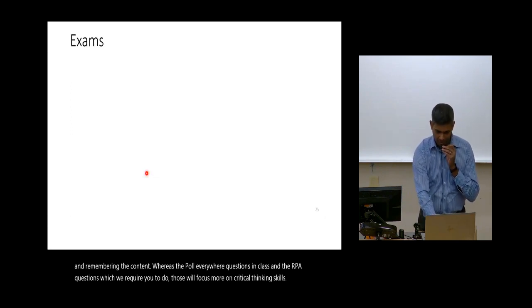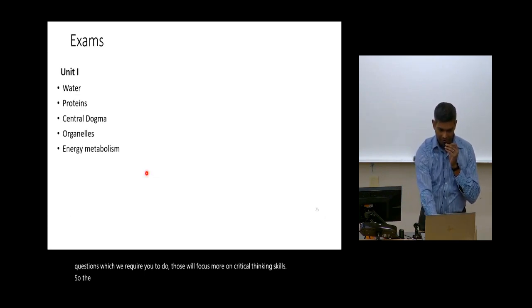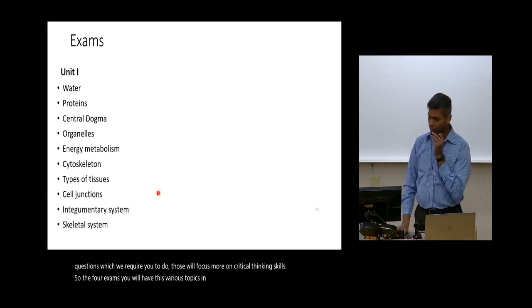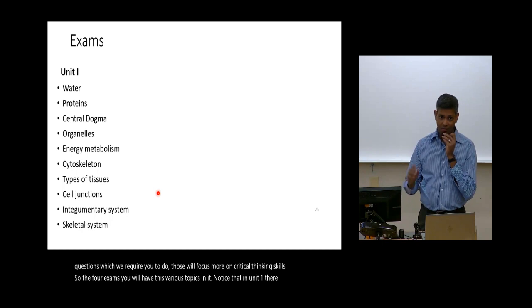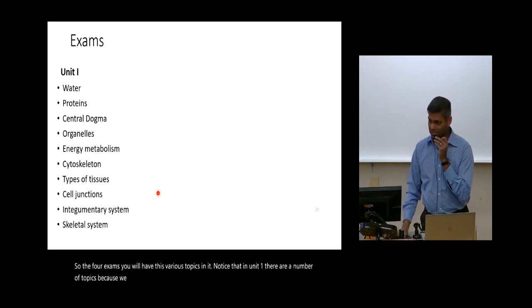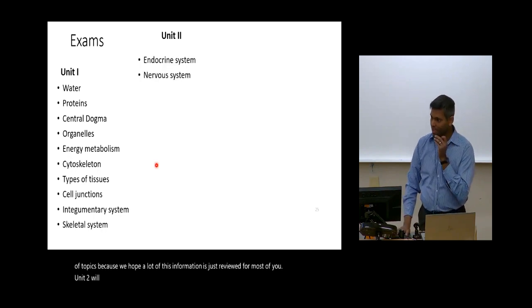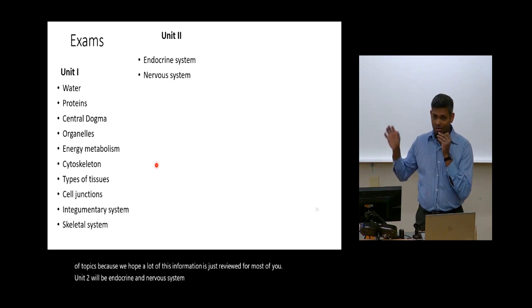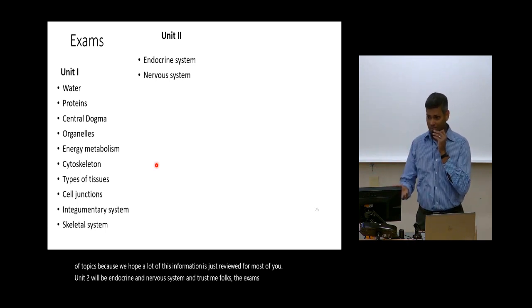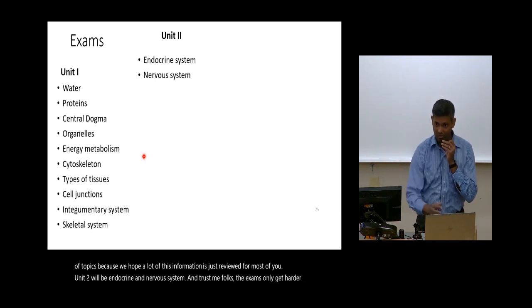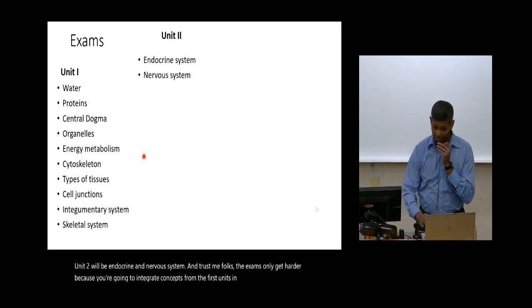So the 4 exams will have various topics in them. Notice that in Unit 1 there are a number of topics because we hope a lot of this information is just review for most of you. Unit 2 will be the endocrine and nervous system, and trust me folks, the exams only get harder because they're going to integrate concepts from the first units in the upcoming units, right?